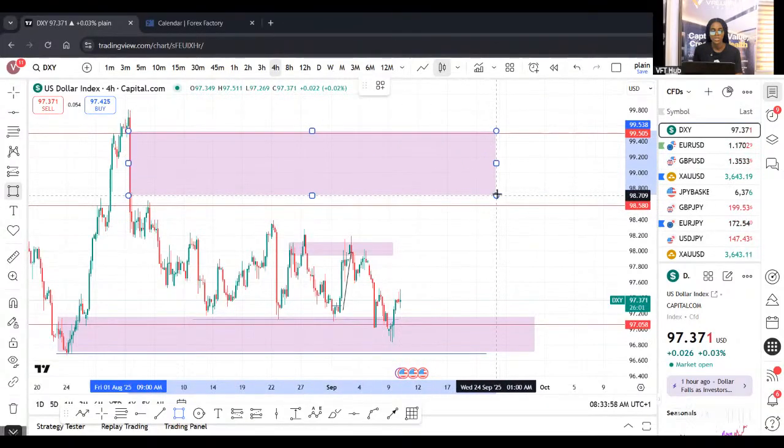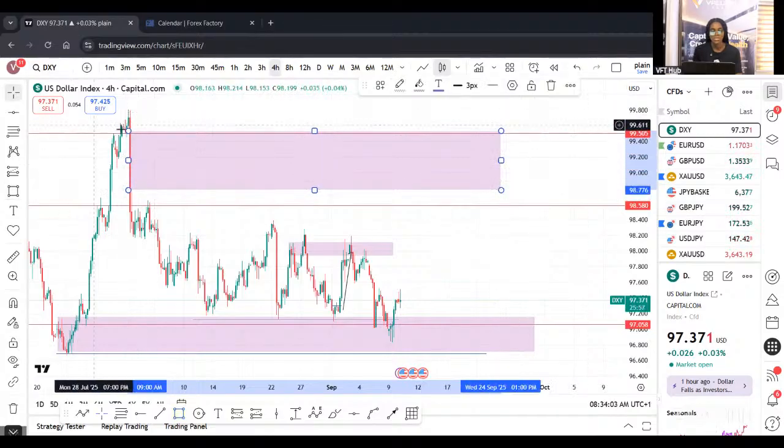So I'm speculating that price should fill that, right? Trade into this left shoulder again at 99.505. And once price does that, we should see some stability in the market, right?